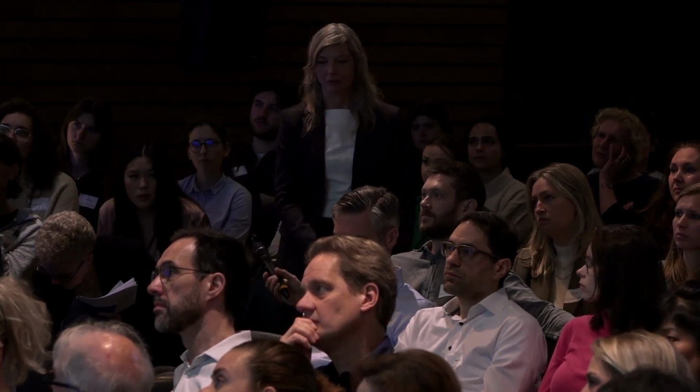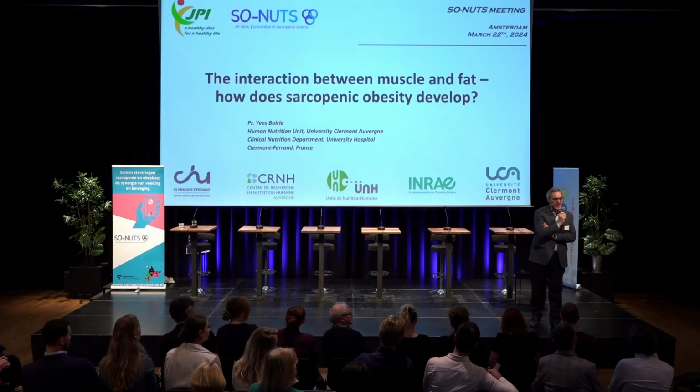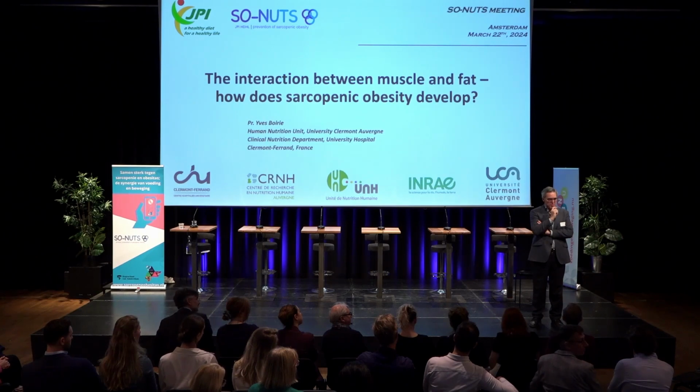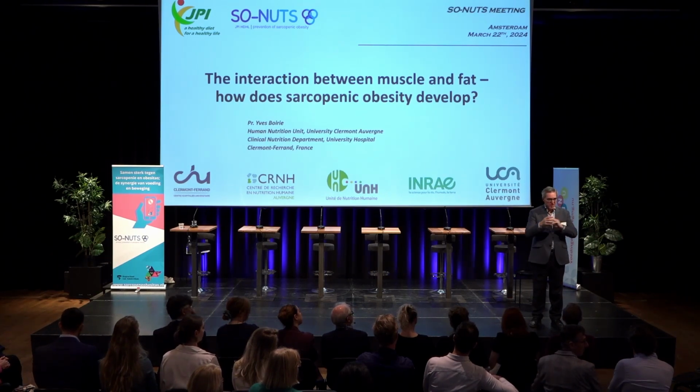I think it's good that you're doing research, because nobody knows. What we know is that in sarcopenia there's a component of neuromuscular aging. You can read works by Brian Clark, who wrote a very nice review in the Journals of Gerontology 2 years ago on all the neural aspects.